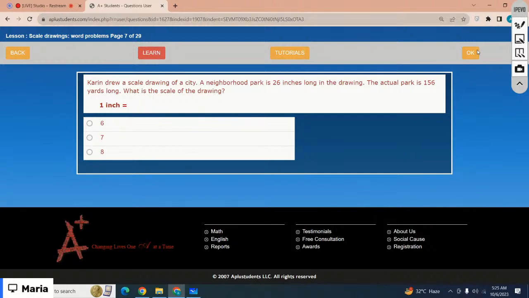Which is the correct option? Yes, very good. The correct option is 6 yards. The correct option is 1 inch equal 6 yards. The correct option is 6.